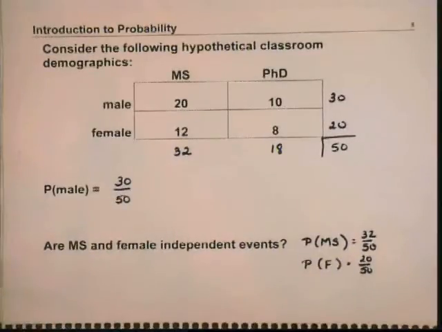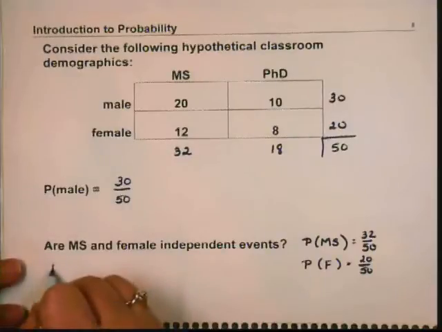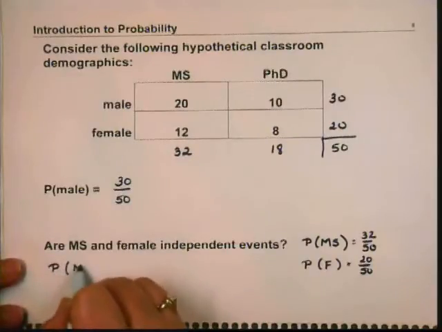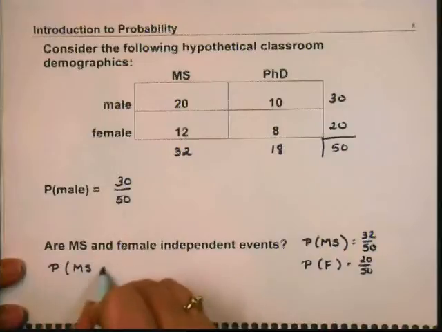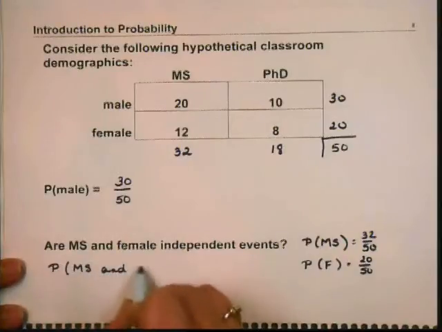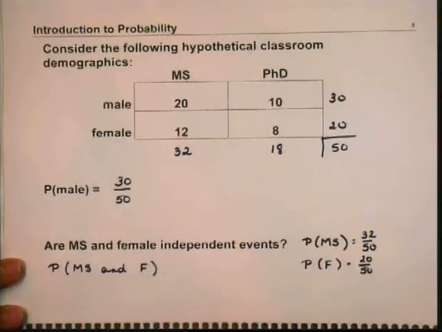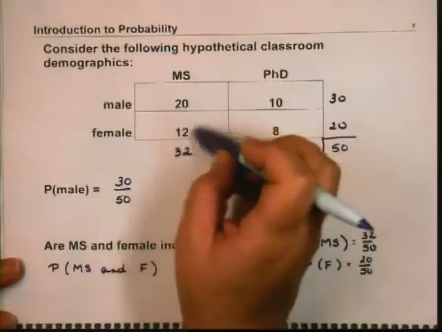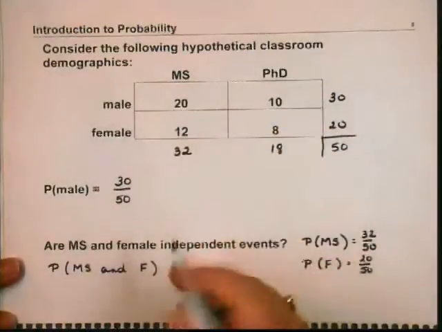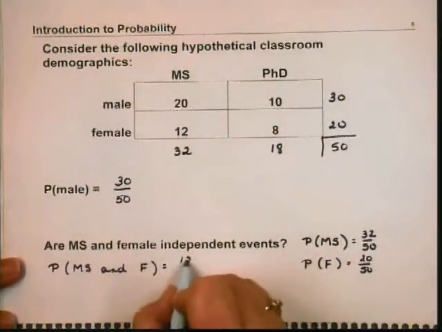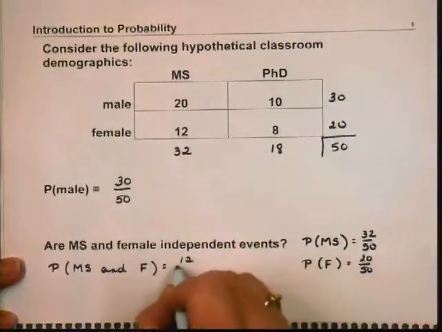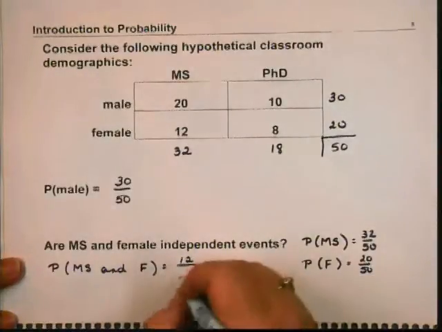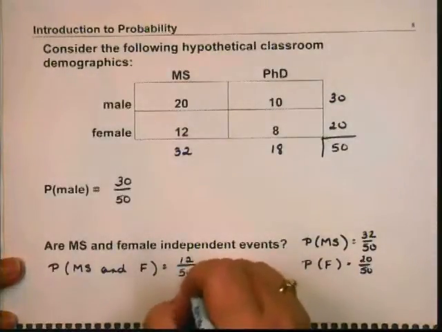Female, male, complementary events. What's the probability of a master student and that the student is female? That would be just these 12 in this cell of the table, out of how many different ways could I select out of the class? There are 50 students still.